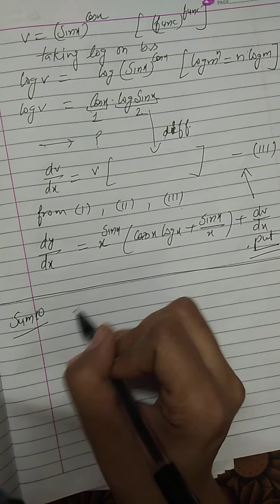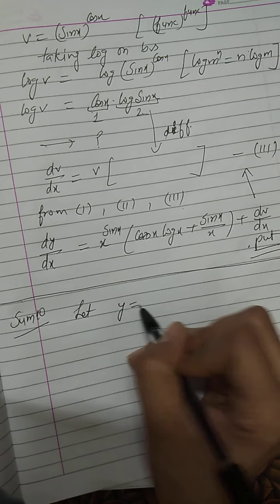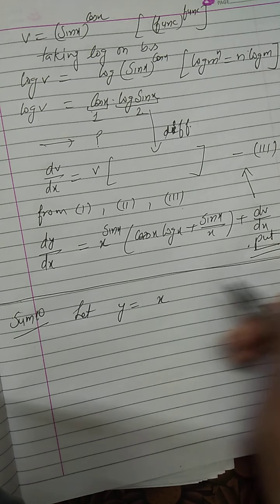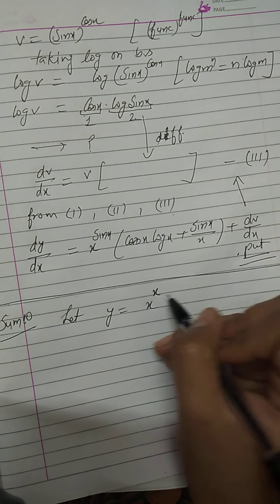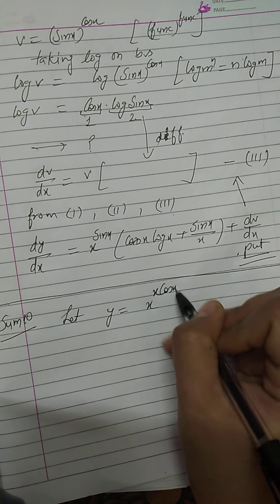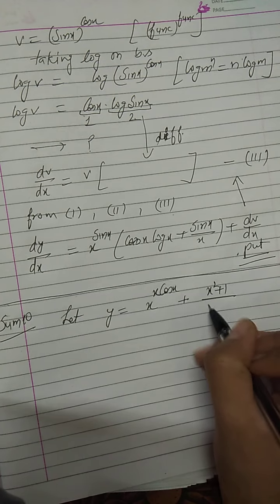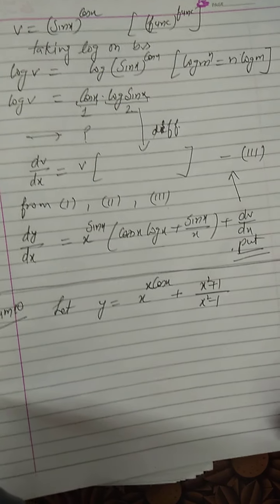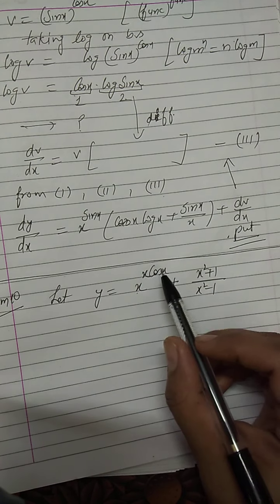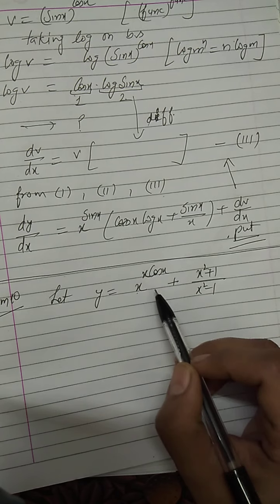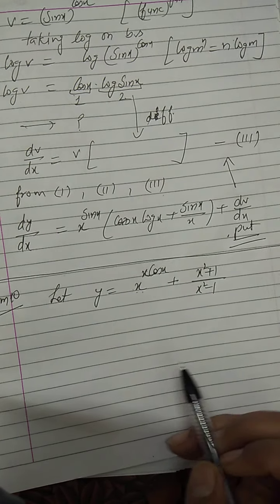Sum number 10 also, we will take let y equal to, I am directly writing the statement, x raised to power x cos x plus x square plus 1 upon x square minus 1. Now the power of x is x cos x, so this x into x we cannot multiply.